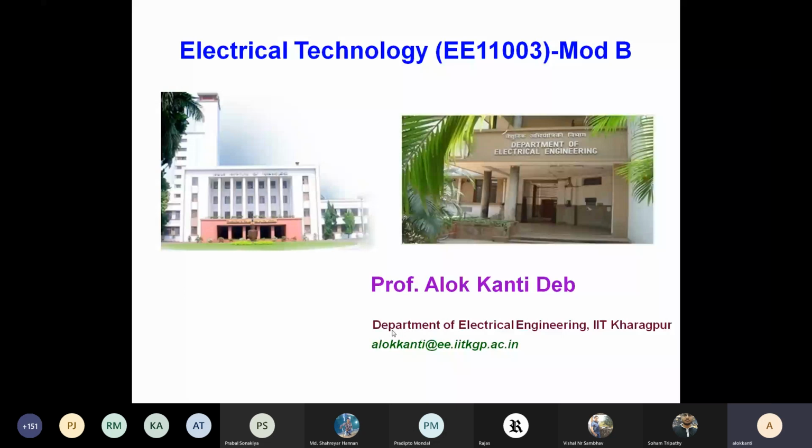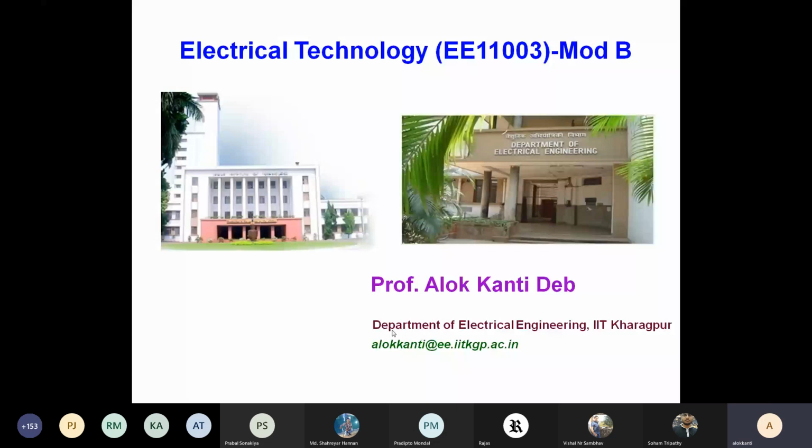As I told in the previous class, maybe 100 years ago, generation was DC, and usage was also DC. But gradually AC was discovered, and efficient ways of transmission and usage of AC were found, and so people moved away from DC.